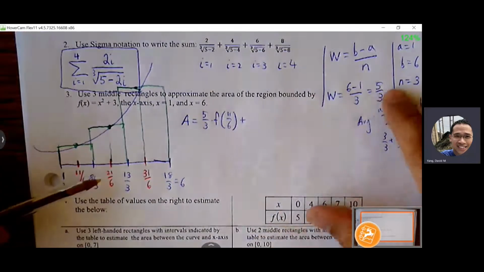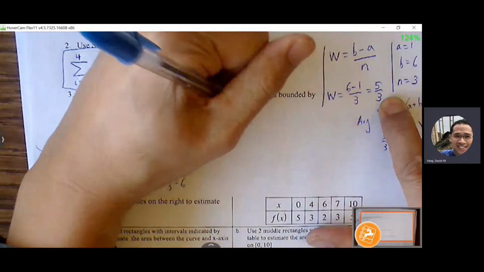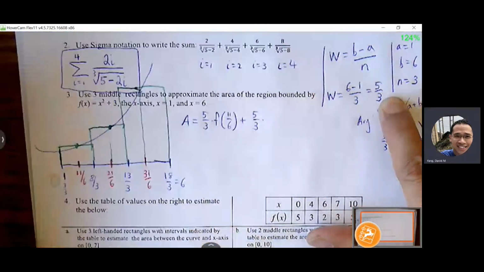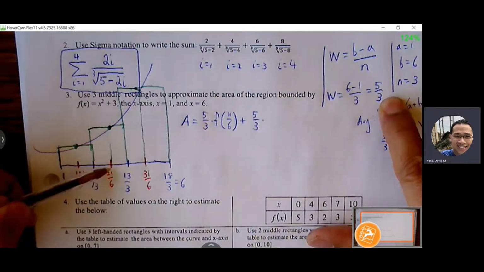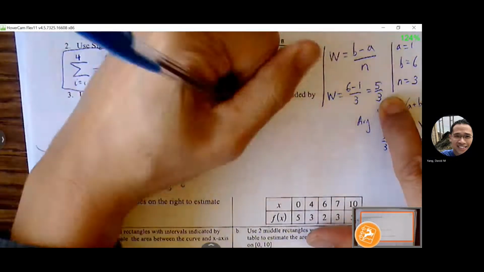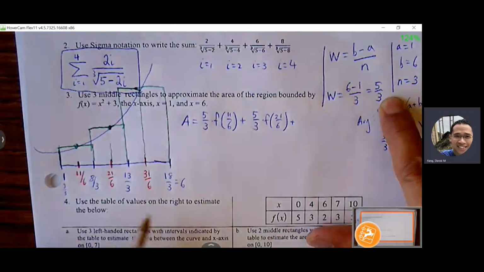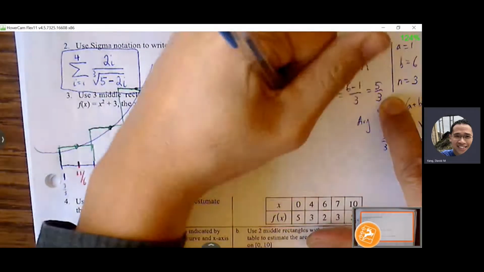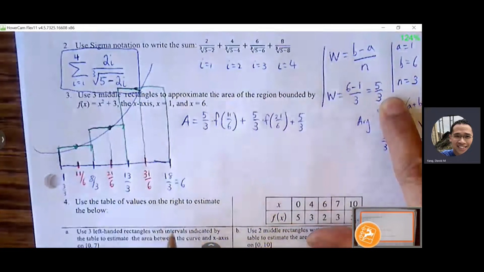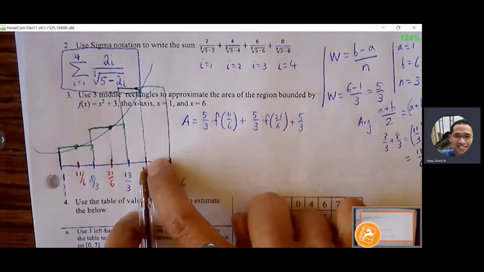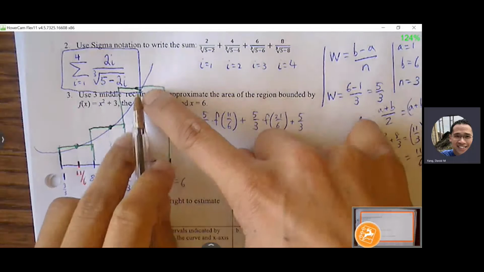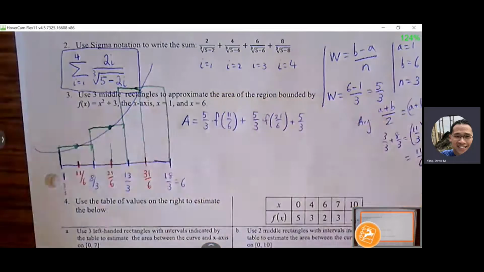Okay, second rectangle, every width is 5/3. Width times height. The height of the second rectangle is f of 21/6. Third rectangle is also width of 5/3. And then we're going to attach 31/6 to the curve to find that location, f of 31/6.